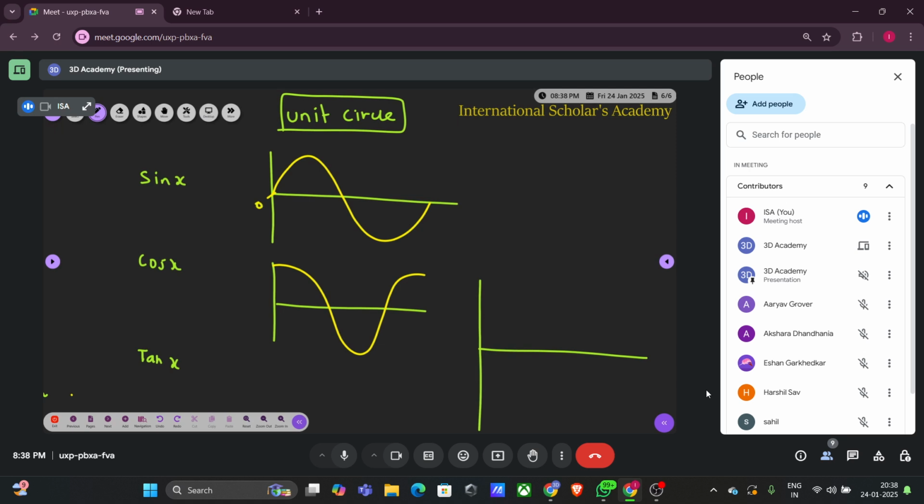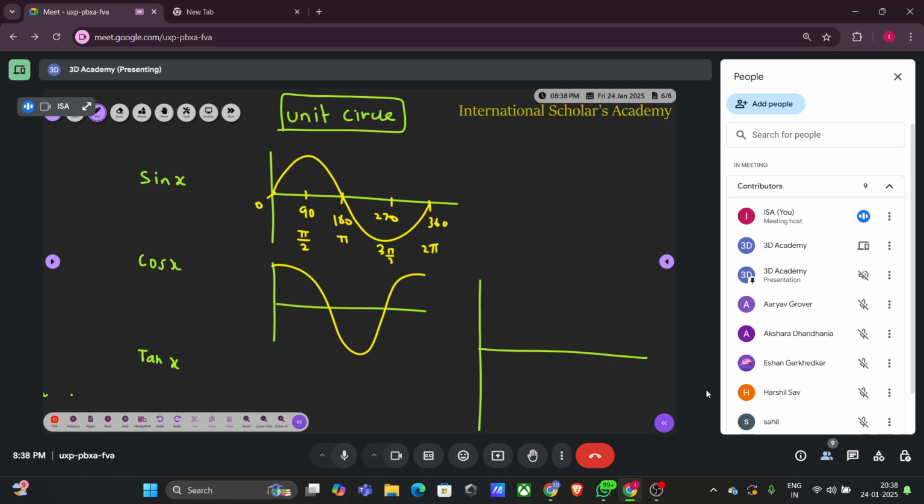So this is 0, this is 90, this is 180, this is 270 and this is 360. In radians, this is only pi by 2, this is pi, this is 3 pi by 2, this is 2 pi. Okay.